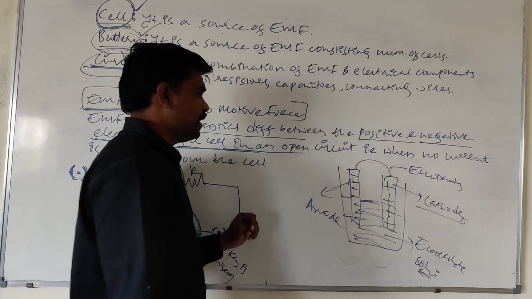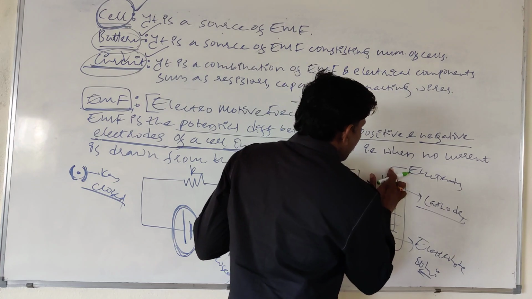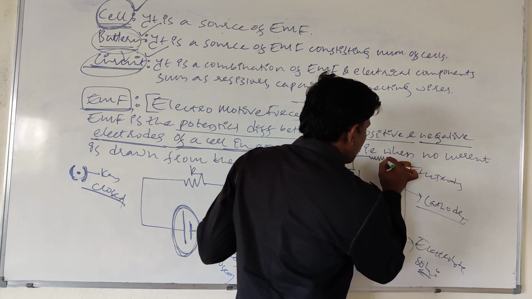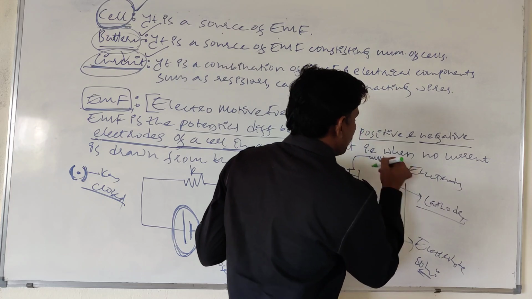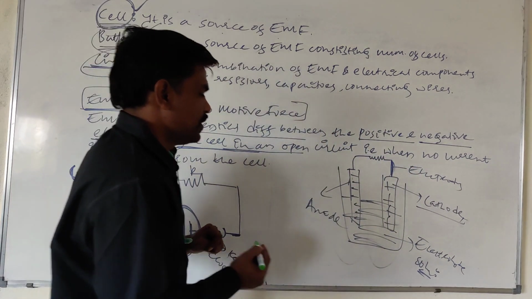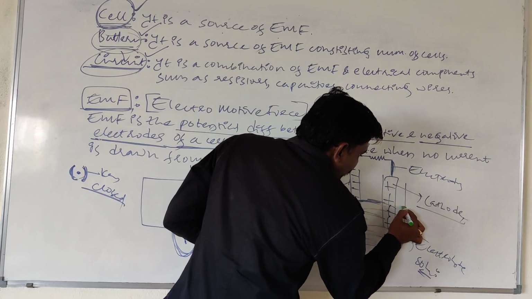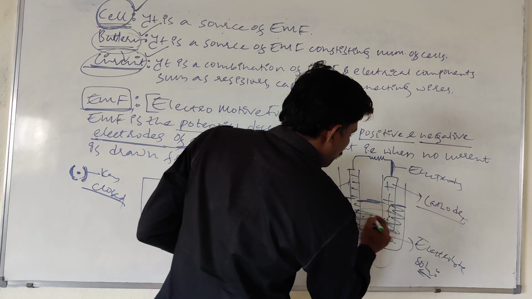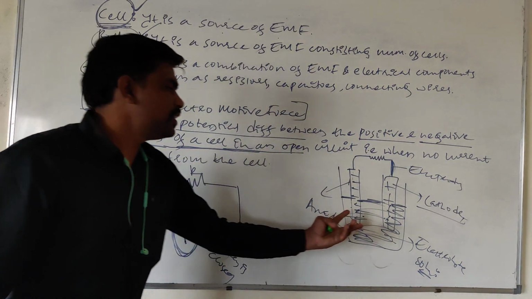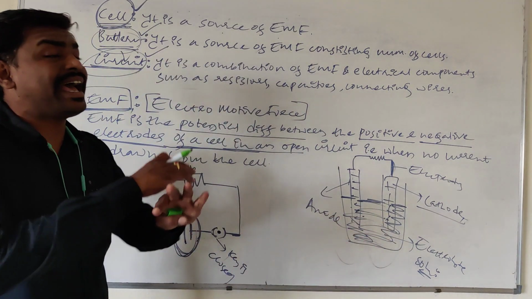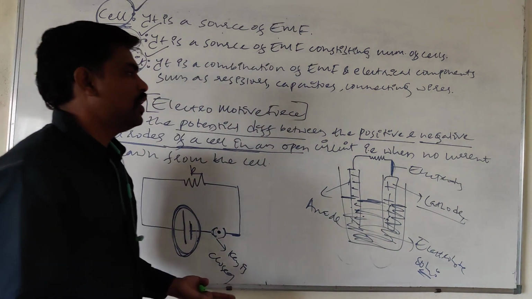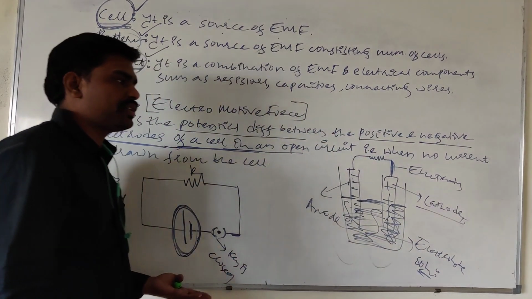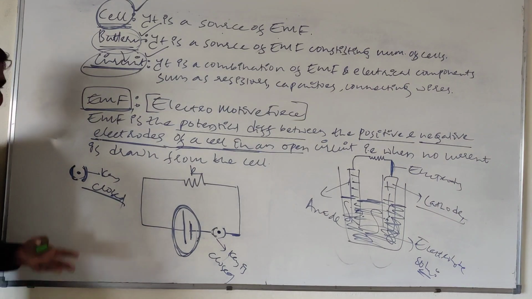Right? So here, see, in these two I am going to connect an external source. Whatever the potential difference between these two electrodes in an open circuit in the electrolyte solution, there is no current in this circuit.